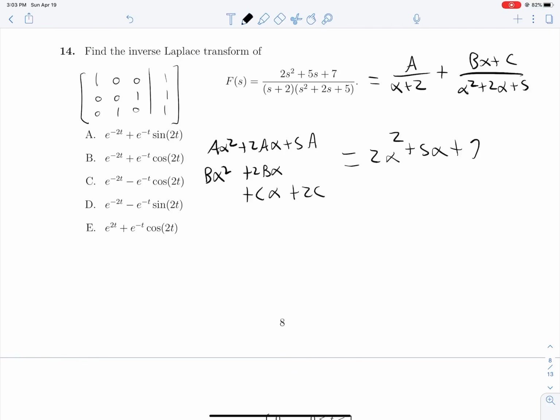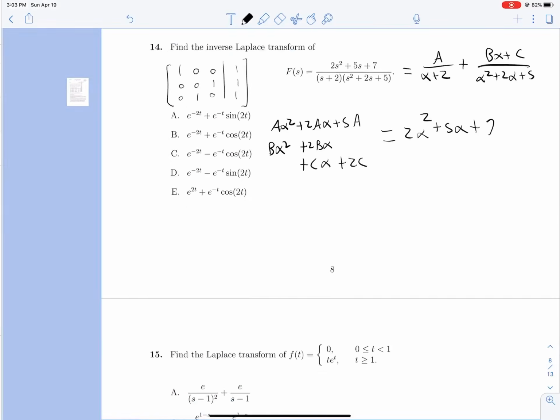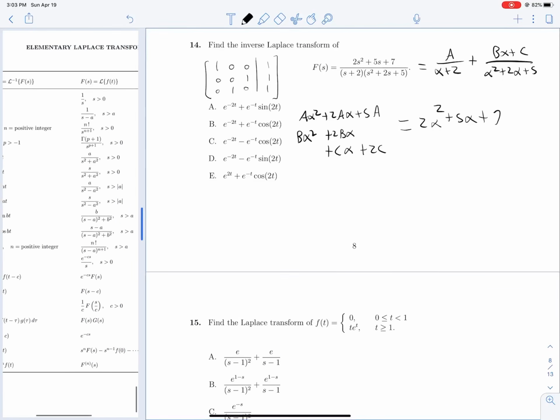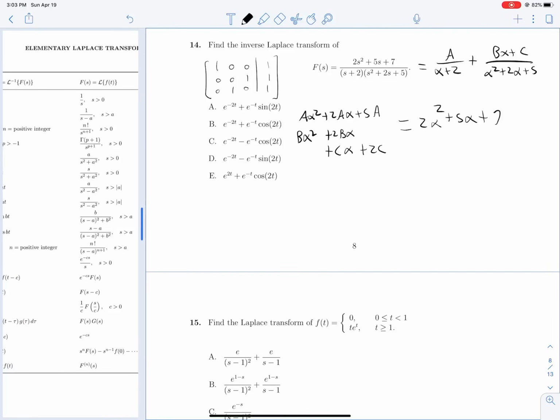So moving that over a little bit, I'm going to grab my table too, which we'll need in a second, and we can plug these a, b, and c values in, and we should be able to directly take our inverse Laplace transform.